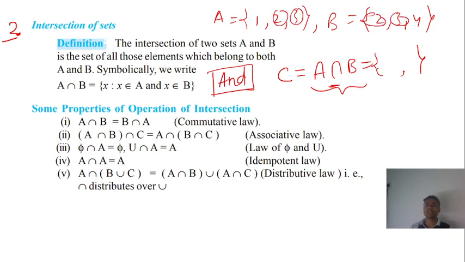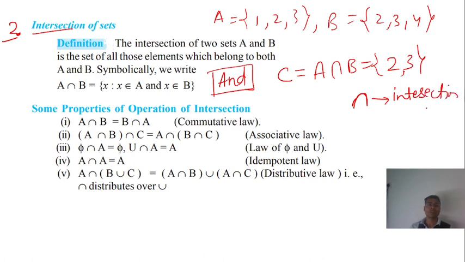So A intersection B will have 2, 3. The word and plays a vital role here: all the elements that are present in both sets will be returned in this intersection. Here the inverted U sign is read as intersection.